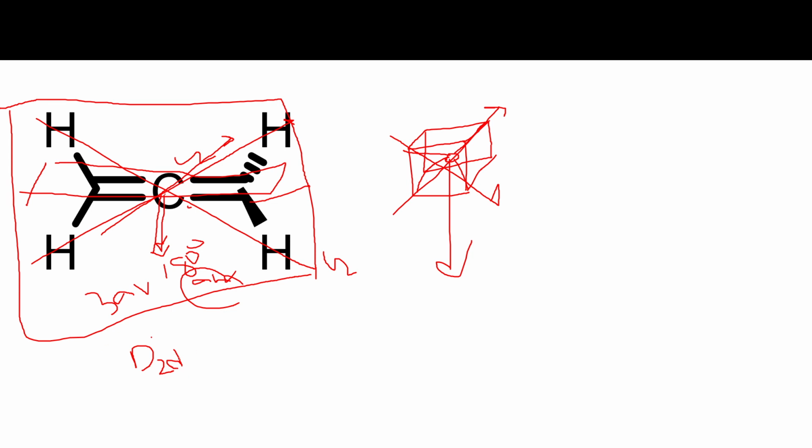So there will be no sigma H for this molecule, so the point group of this molecule will be D2d.